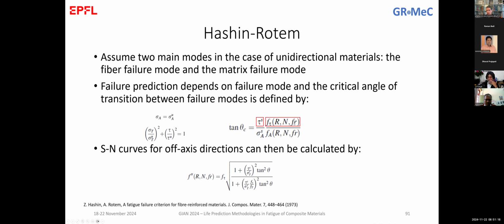So actually this Ft is more or less the SN curve, if we would like to see it in a very simplified way. So for different off-axis directions, these SN curves can be estimated. So these are off-axis SN curves, actually, that can be estimated by solving this simple equation.